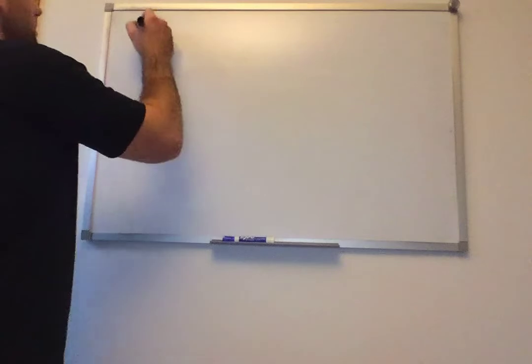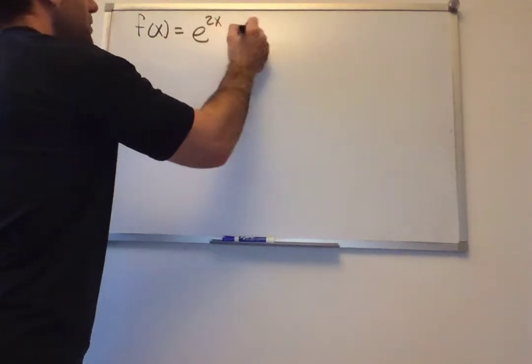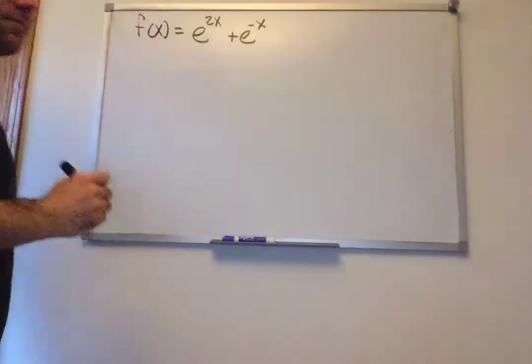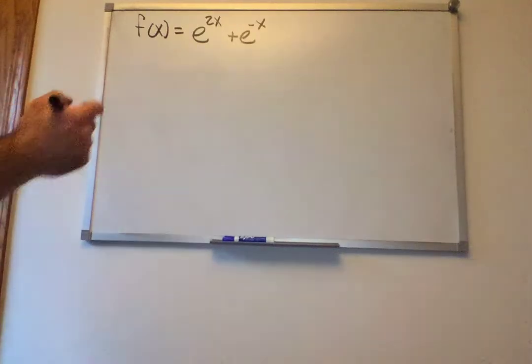Let's see. f of x is equal to e to the 2x plus e to the -x. Alright, so we need to find where the derivative is equal to 0. We need to find the critical numbers.